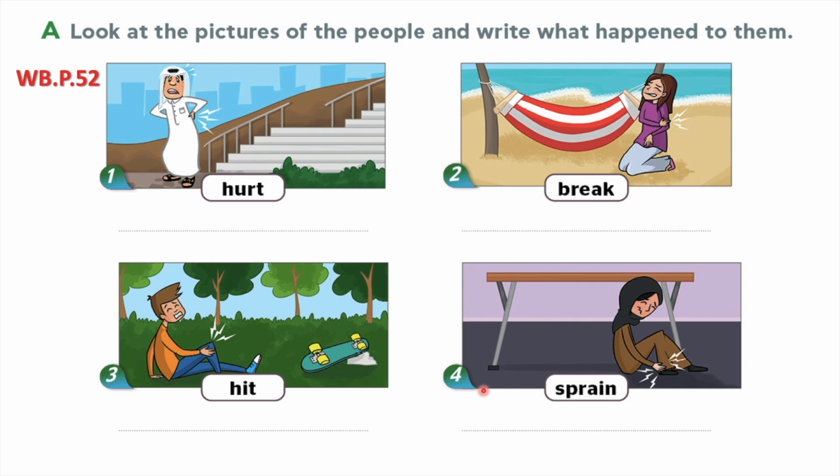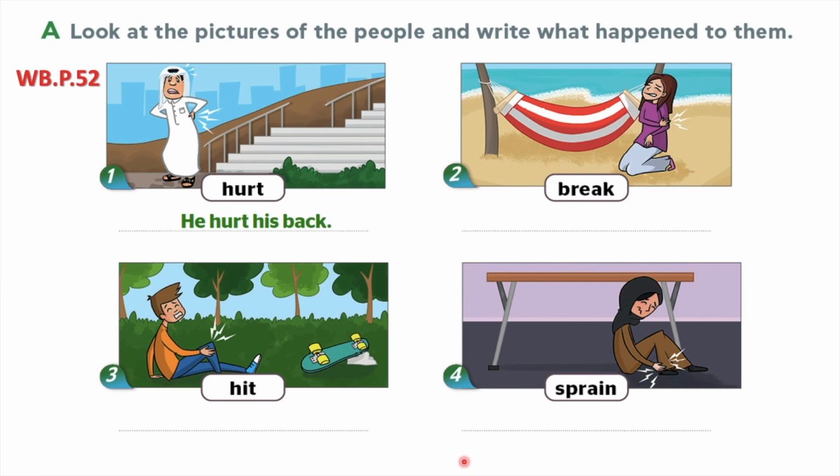Let me do the first one for you. Hurt. What happened here? He hurt his back. Okay, what about 2, 3, and 4? Pause the video. Do the activity and then come and check your answers.